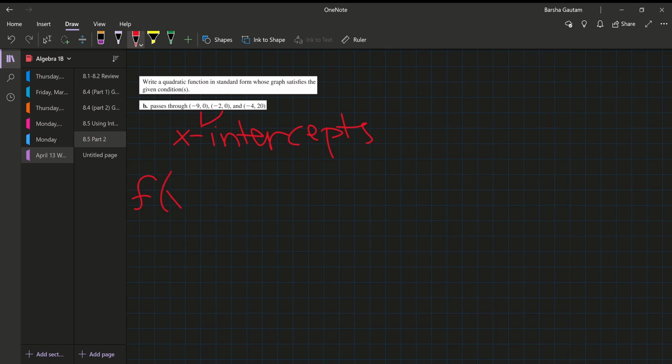Hopefully you can write this equation down by yourself. If you can't, I'm about to write it down. If you can, try to write it down, but pause the video. a(x - p)(x - q). All right, so now we're going to replace the p and the q with our x-intercepts right here.